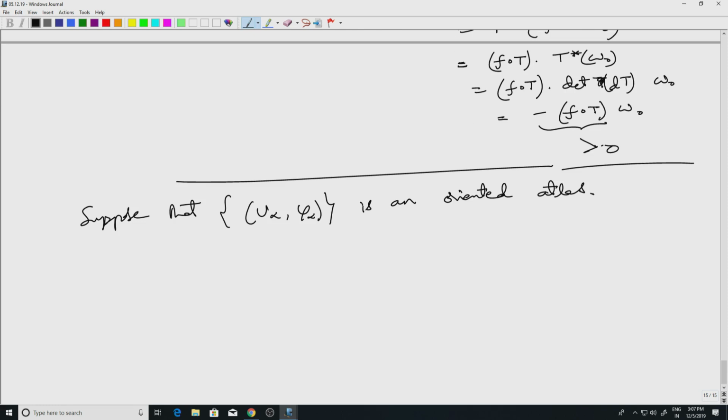Locally, in fact, we don't even need an oriented atlas.